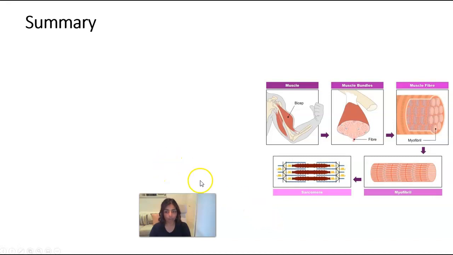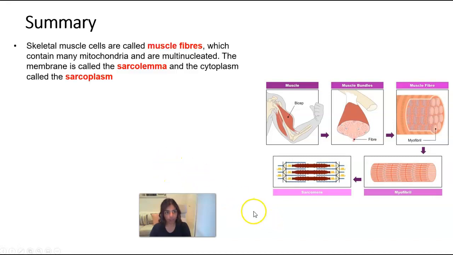Okay, so just to summarize all these words and what we've talked about, first thing we want to mention is that the skeletal muscle cells are called muscle fibers, and these contain many mitochondria because remember, muscle contraction requires ATP. It's a very energetic process. Muscle fibers are also multinucleated because they're very long. They run the length of the muscle.